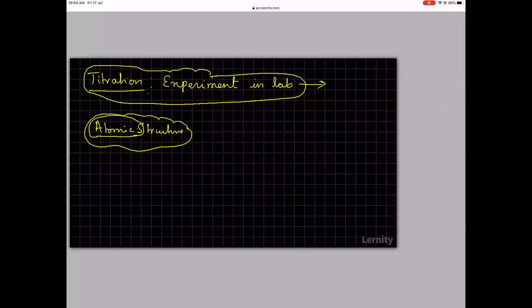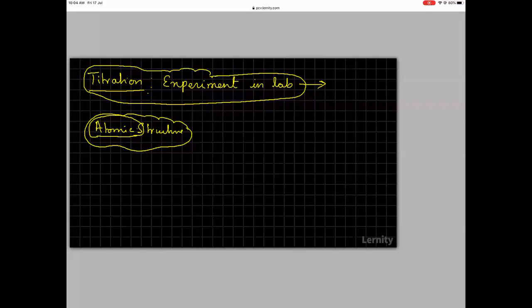So we were doing atomic structure, and I just told you about the different quantum numbers, the 4 quantum numbers that we have. Having heard about the 4 quantum numbers, next we want to see how the electronic configuration of different elements will be.